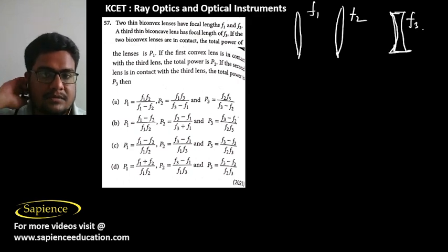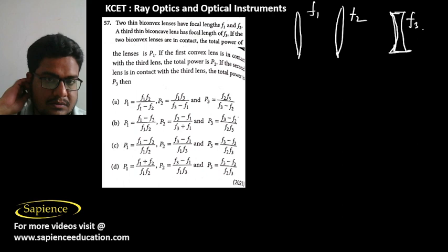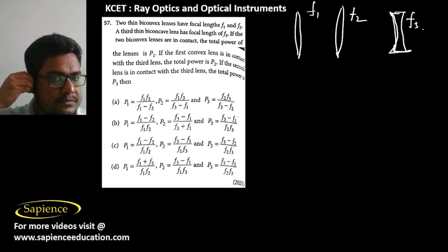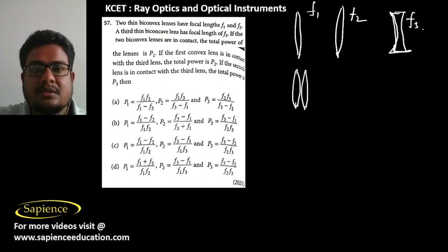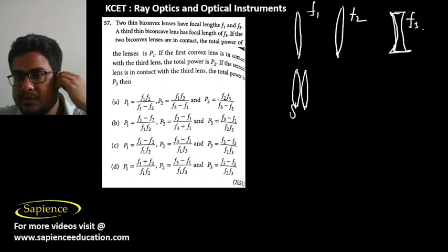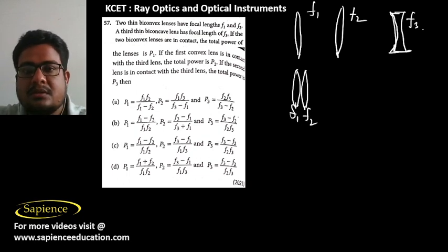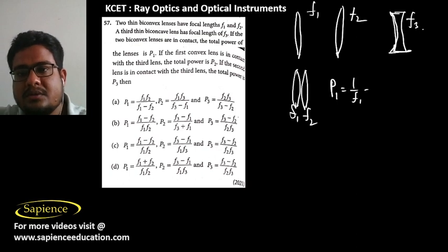If the two biconvex lenses are kept in contact, the total power of the lenses is P1. So here the total power of the lens, P1, will be equal to 1 by f1 plus 1 by f2.